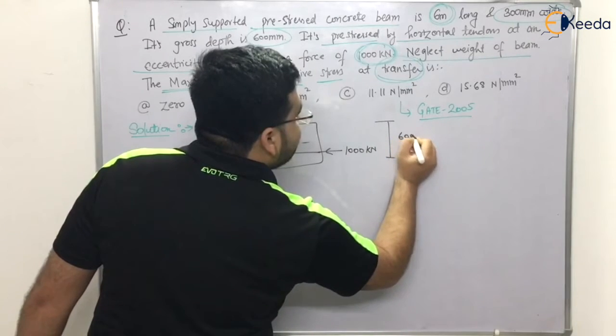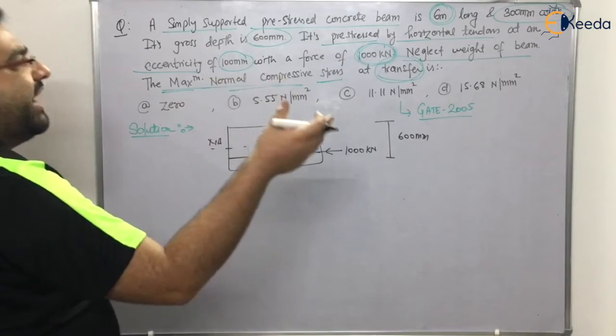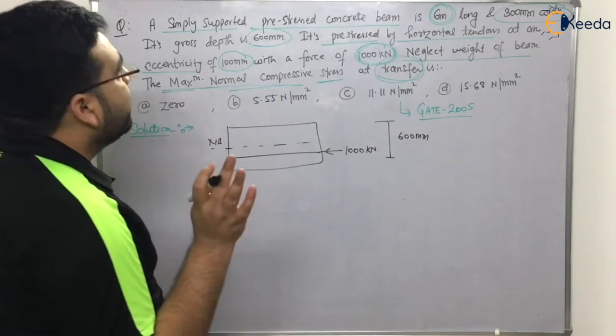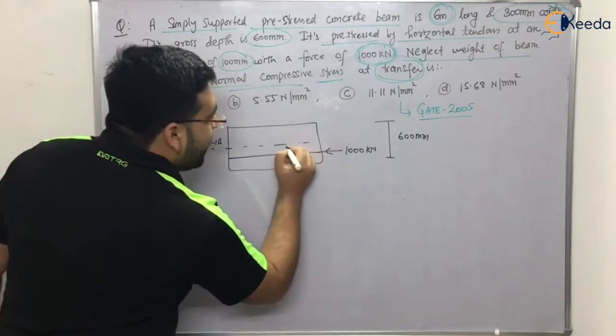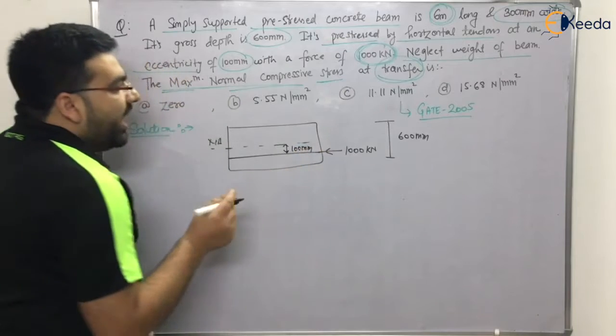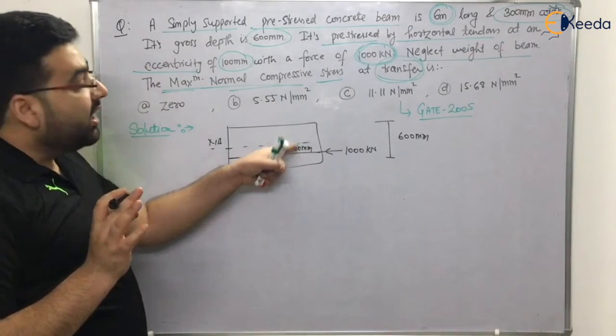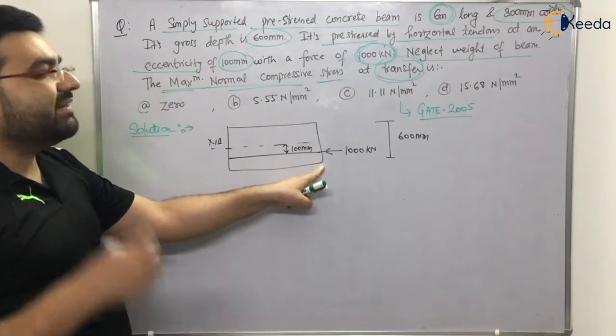It is 600 mm, 300 mm wide, so width is not required here. So it is pre-stressed by tendon. What is that? Yeah, 100 mm. So eccentricity is 100 mm. I told you that if this is the case, the upper portion will have the least compressive stresses and the lower portion will have the maximum.